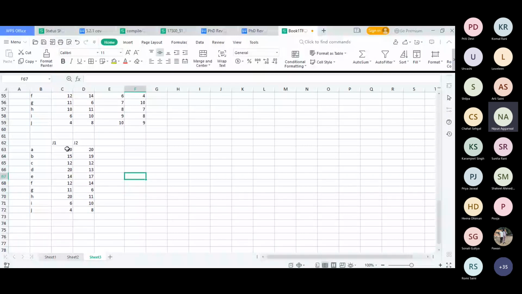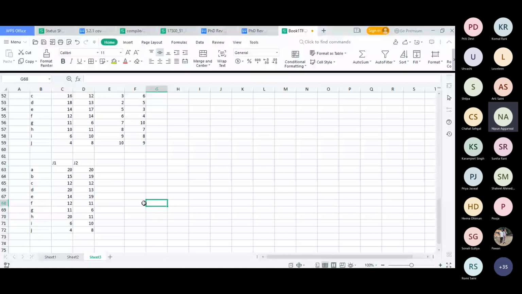So there will be three students who have scored 20 marks and two students who have scored the same 12 marks. Similarly, maybe in the judgment too. This is 19 and this person also has scored 19, and maybe this is 11 and this is also 11. So now we have to calculate the Spearman's rank correlation for this kind of data.